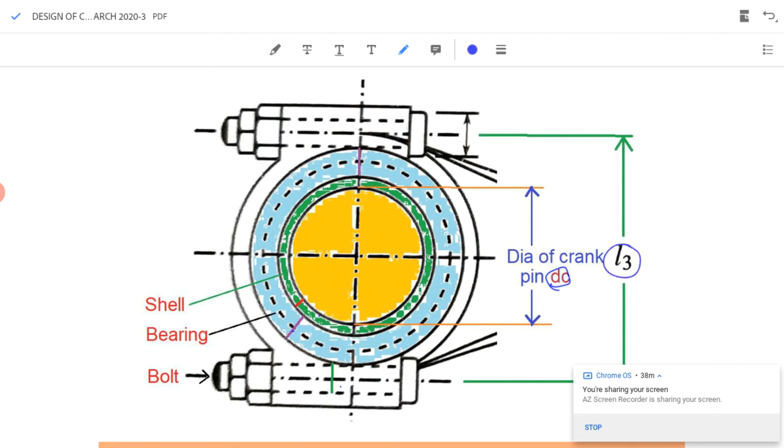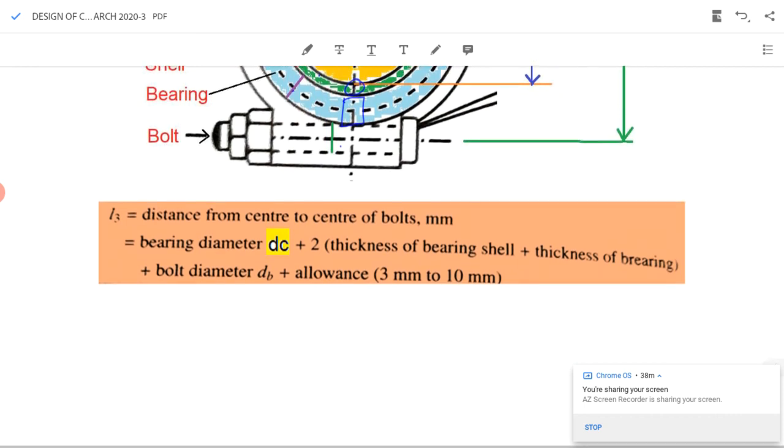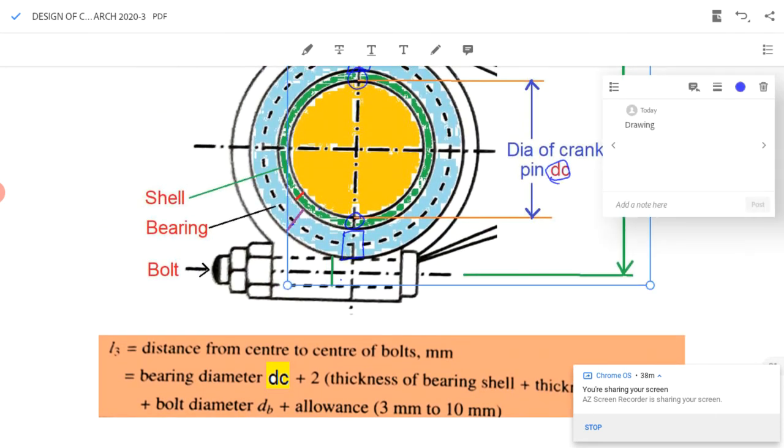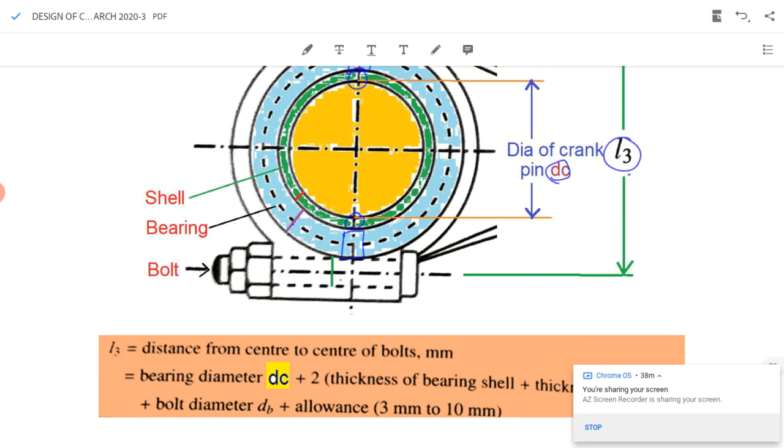So from this figure, the distance L3 will be equal to Dc plus 2 into these two thicknesses plus twice the length given in these rectangles plus bolt dia. It will give you L3, and it is given in this equation. So L3 will be equal to bearing dia Dc plus 2 into thickness of the bearing shell.